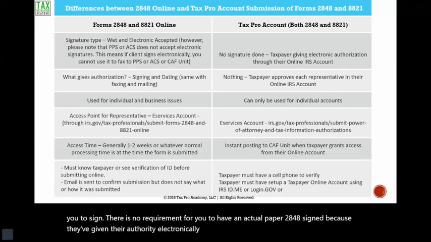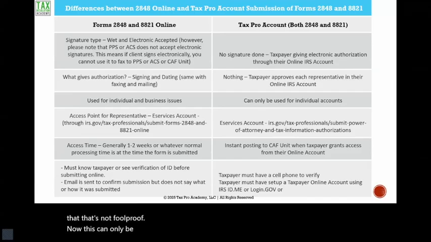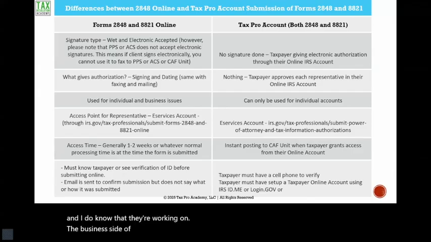And they're supposed to be the only one who has access to log in, with all the safeguards that they have to do that. Again, not to say that that's not foolproof. Now, this can only be done currently for individual accounts, although they are in the process, and I do know that they're working on the business side of this. You access this through the e-services account.